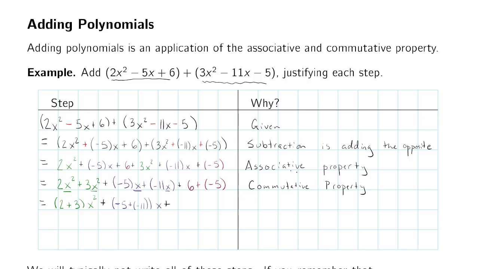And finally, we have two constant terms, which we'll just group together. So 6 plus negative 5 can be grouped together. And so in this step, we were applying the distributive property and a little bit the associative property to combine like terms.